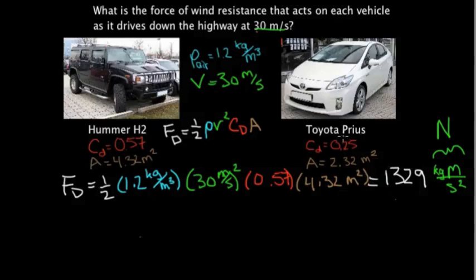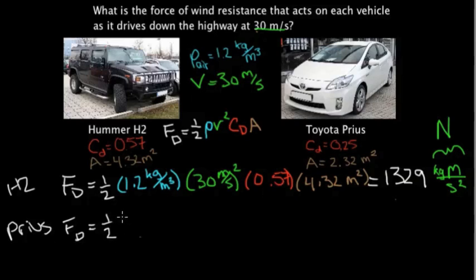Let's see if we can figure out the Toyota Prius now. So this one here is the Hummer, I'm going to do H2, and here we're going to do the Prius. So the force of drag is going to be equal to 1/2 times, again, 1.2 kilograms per meter cubed.